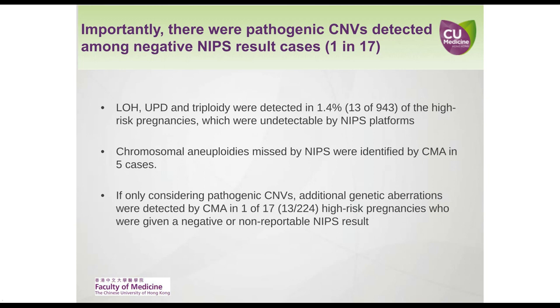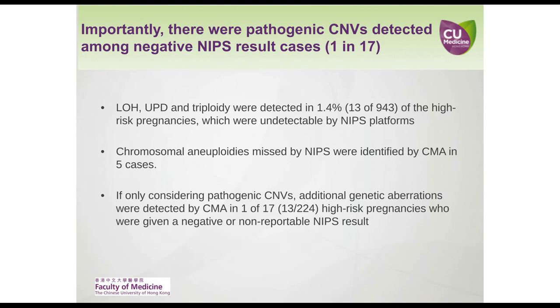Others are chromosomal abnormalities missed by NIPS but detected by microarray, which may be because of the limited sensitivity and specificity of the platform. Also, if we only consider pathogenic copy number variants, the additional genetic aberration detected by CMA is 1 in 17 among high-risk pregnancies who were given a negative or non-reportable NIPS result.